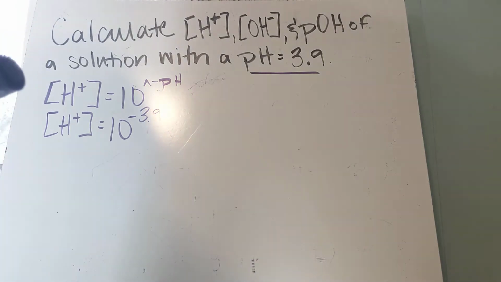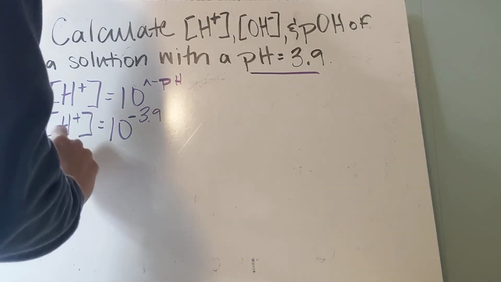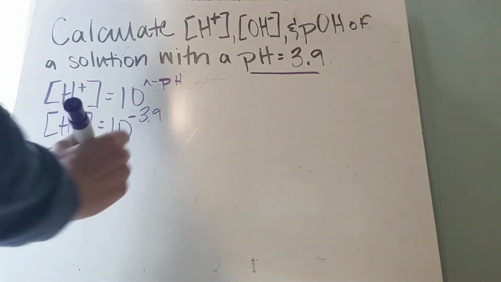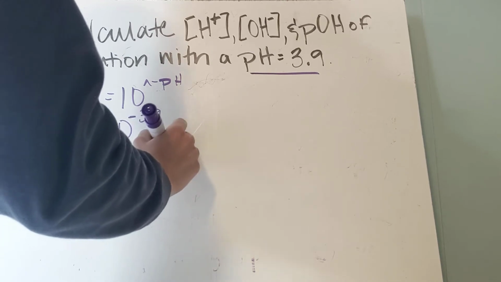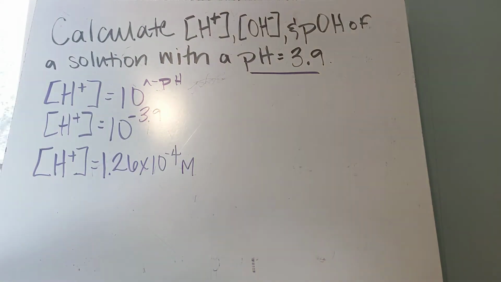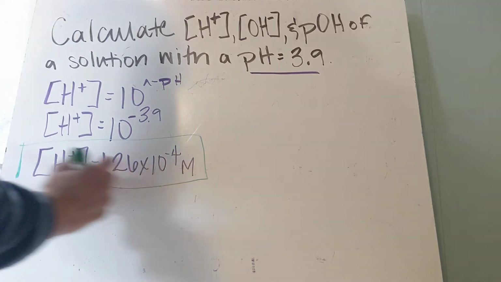And I get 1.258, so I'm going to round that to 1.26 times 10 to the negative 4 molar. All right, and since we've got so many questions going on, I'm going to box all of my final answers in green.